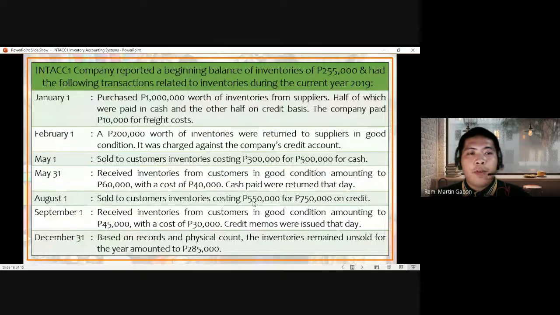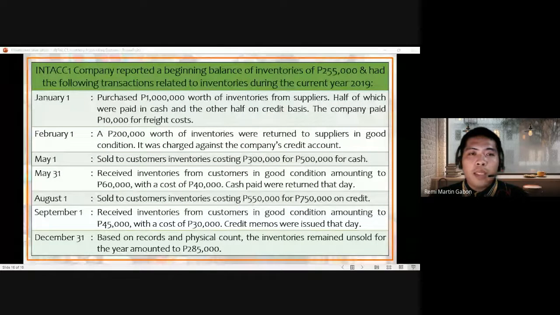Then last, for December 31, sabi dito, based on records and physical count, the inventories remained unsold for the year amounted to 285,000. So sige nga, para meron kayong participation, kindly verify si 285,000.